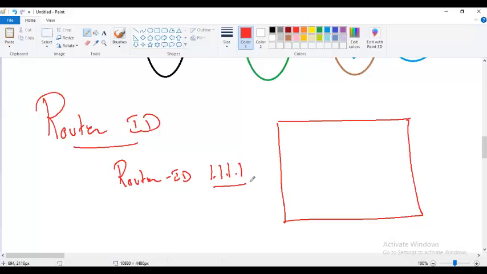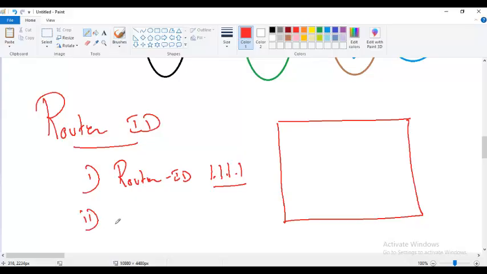Now, if you don't configure, this is the first preference. If you don't configure, it will take the biggest IP address that you have configured on the loopback interface. What interface? Loopback.